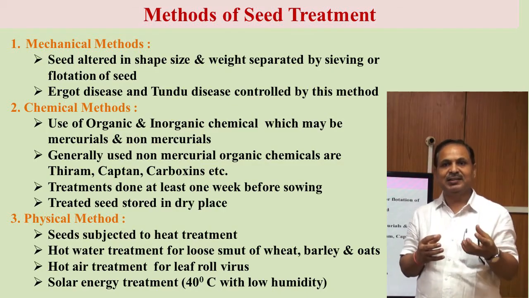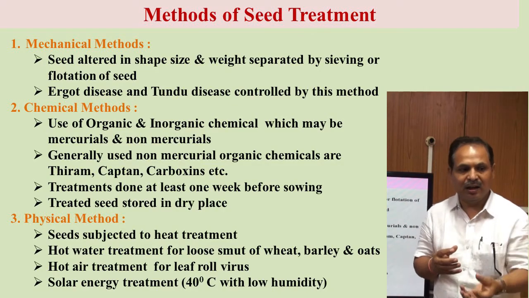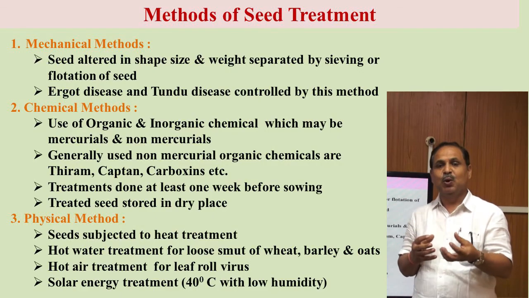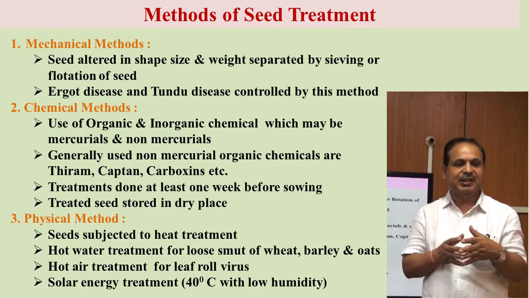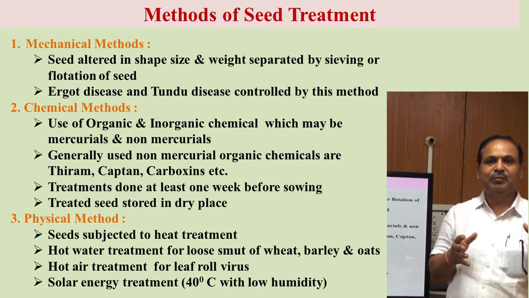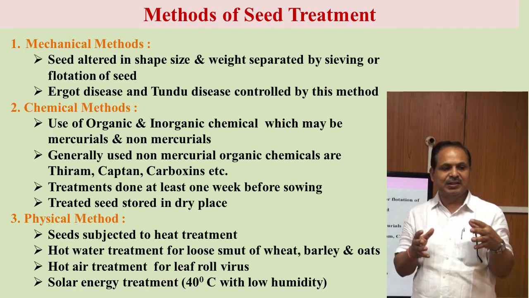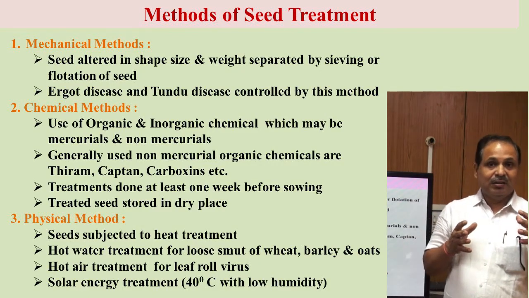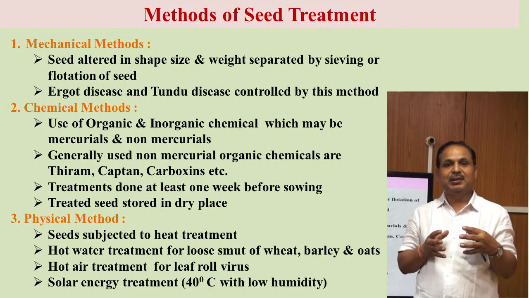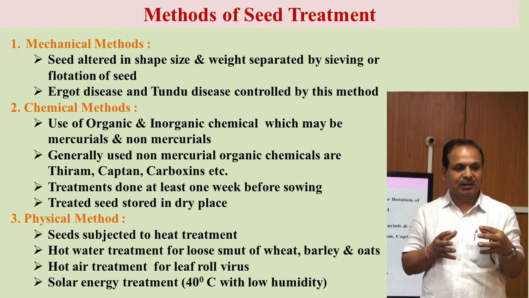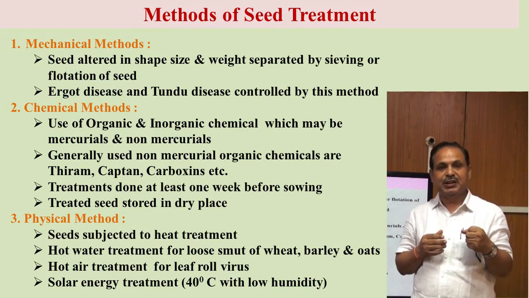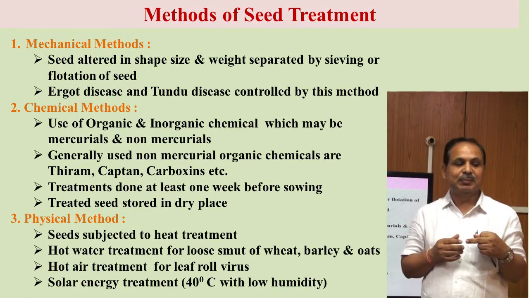In that case, the altered seed type is eliminated, separated by the sieve or by flotation of the seeds in water. The best example for control by mechanical methods of seed treatment is Ergot disease and Tundu disease, which is controlled only by these methods.